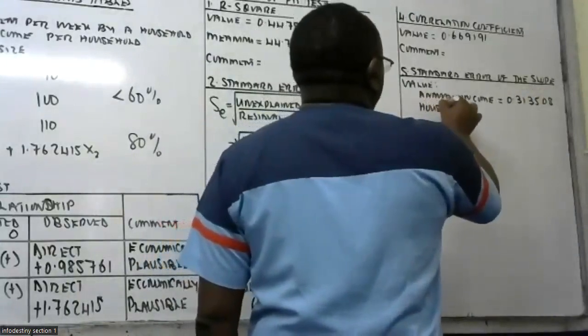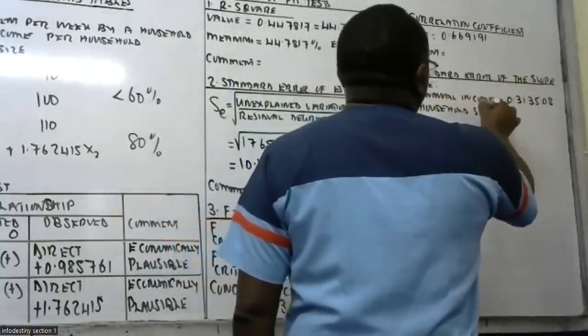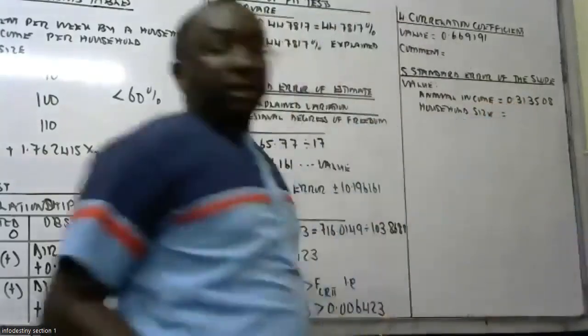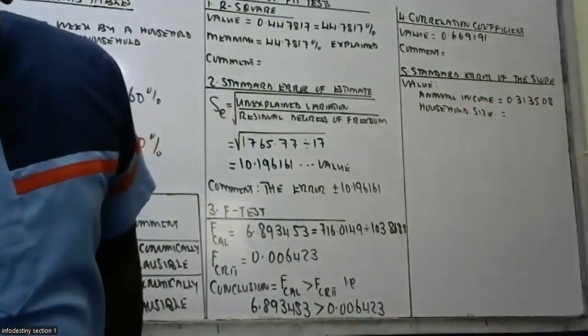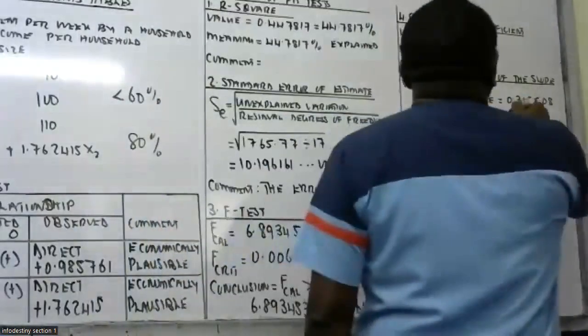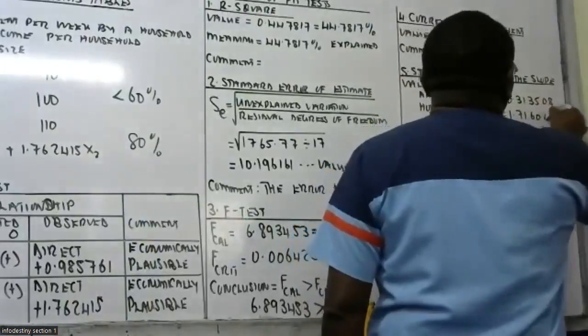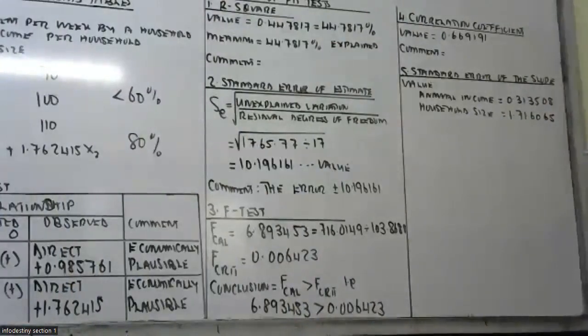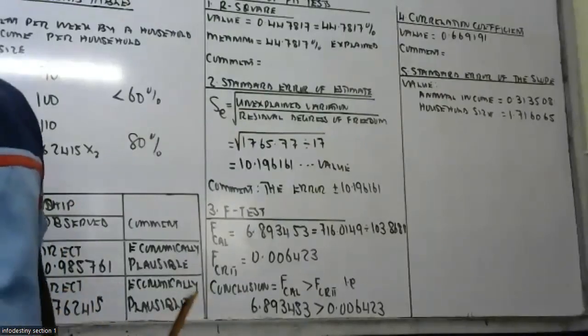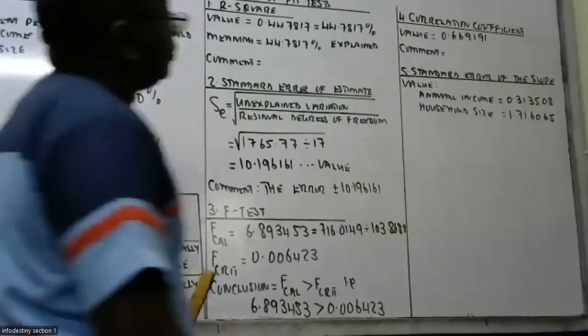Then for household size it is 1.716065. The other one is for the intercept, which we don't interpret. In terms of mathematics, you are able to compute it, but it has no practical interpretation.